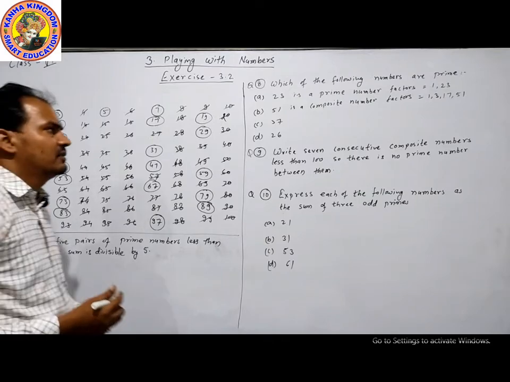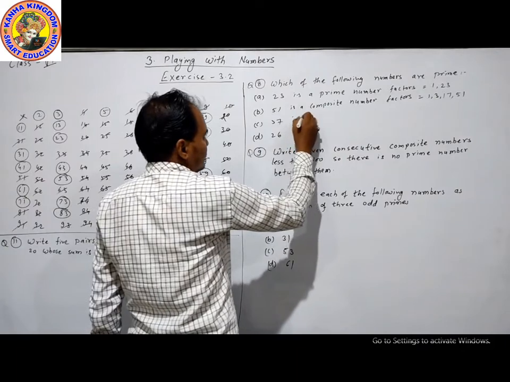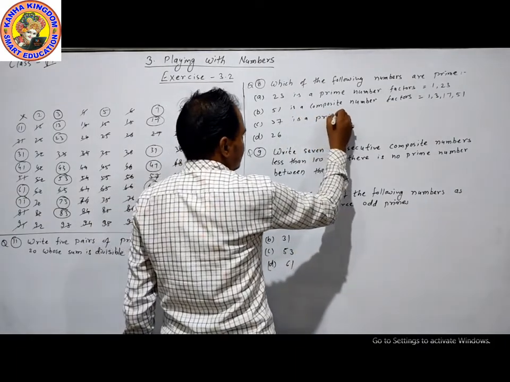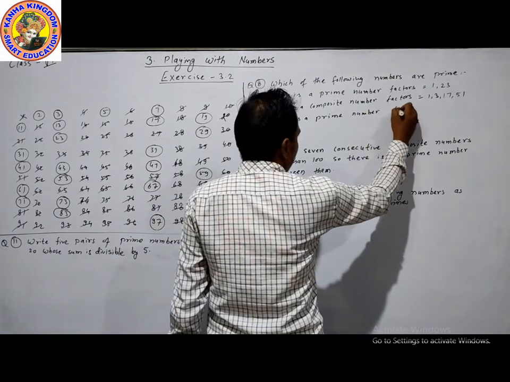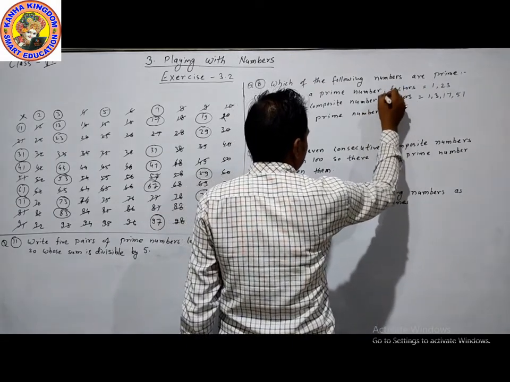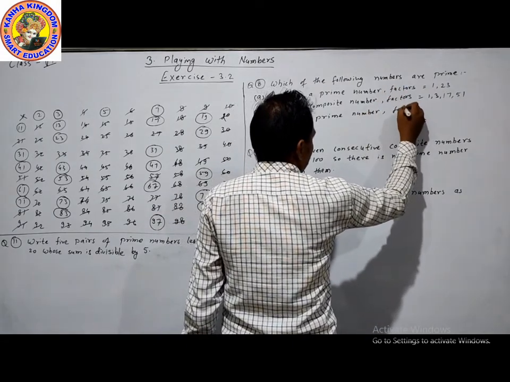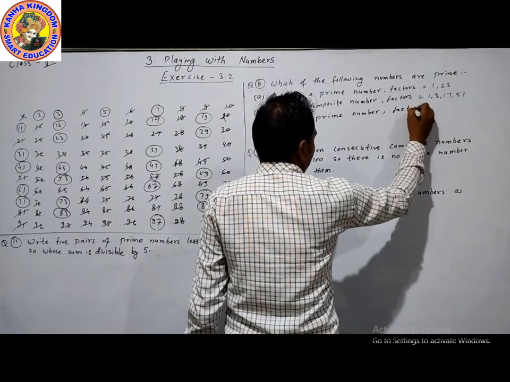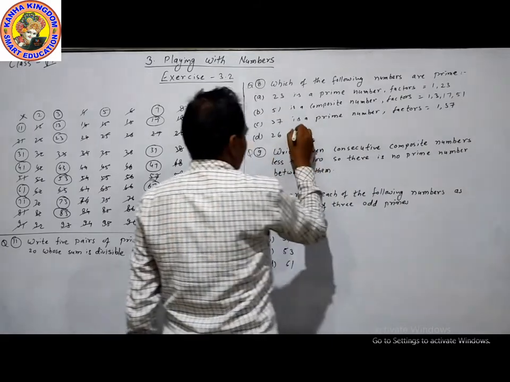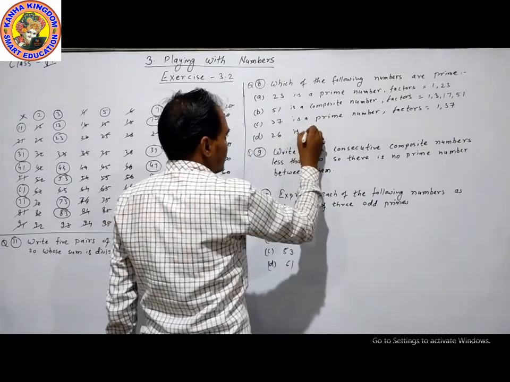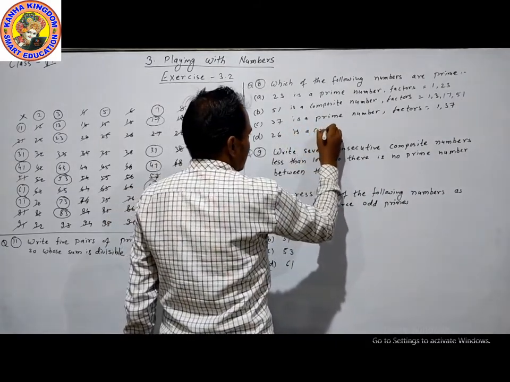Now 37 is a prime number. Factors are 1 and 37. 26 can be divided by 2, so this is not a prime number.